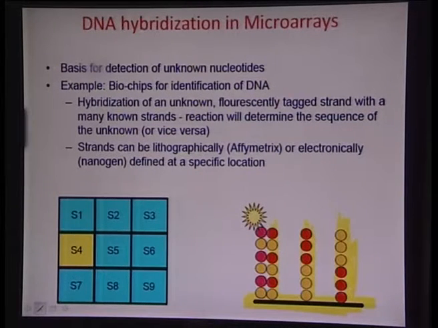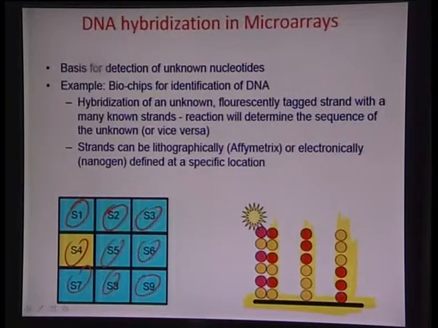So you have S1 through S9, different capture probe sequences, and if you can direct sequence S1 to this square in the first row and first column, S2 in the first row second column, and so on, you could build a library of these sequences in these different boxes, as you can see here, okay.